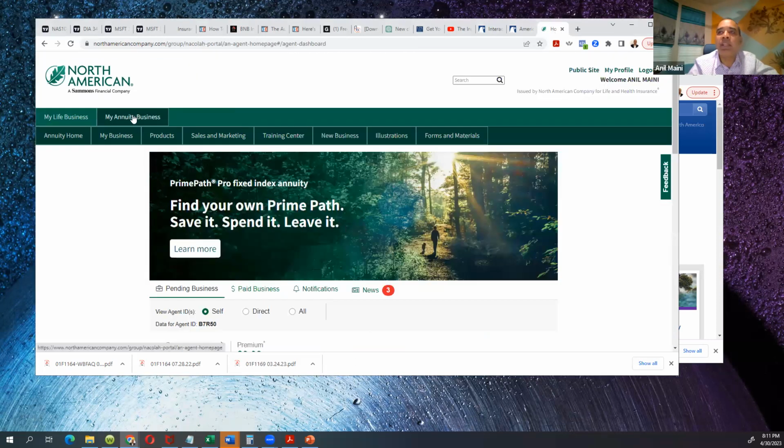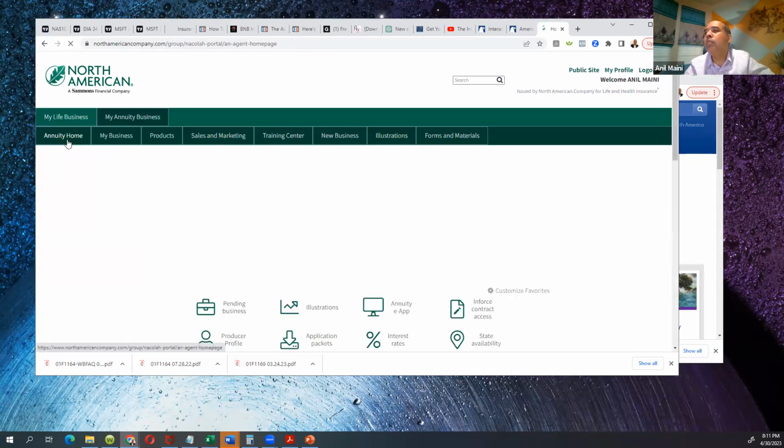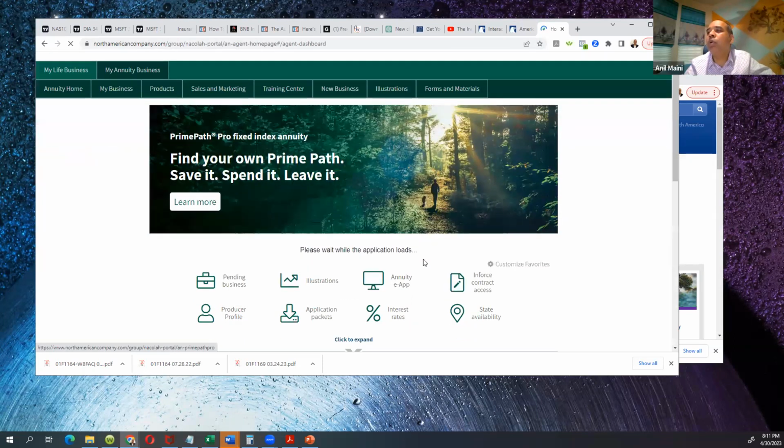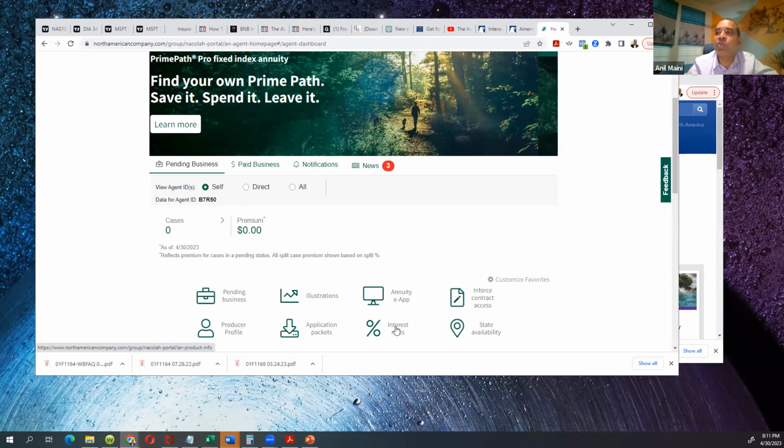And you should definitely go through the websites of all of these companies that are available to you, because each website has different features. For example, on North American, if you go to annuity home and then to interest rates, this is interesting.